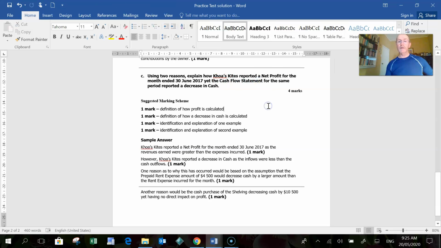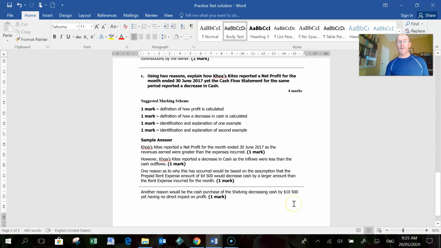Right? So you can talk about loans and purchase of non-current assets and drawings. So it's a much easier question without having to go to cost of sales versus purchases of inventory, or credit sales versus receipts from accounts receivable. All right, so prepaid rent could have been one. That was an interesting one, but plenty of the others you could have gone with.